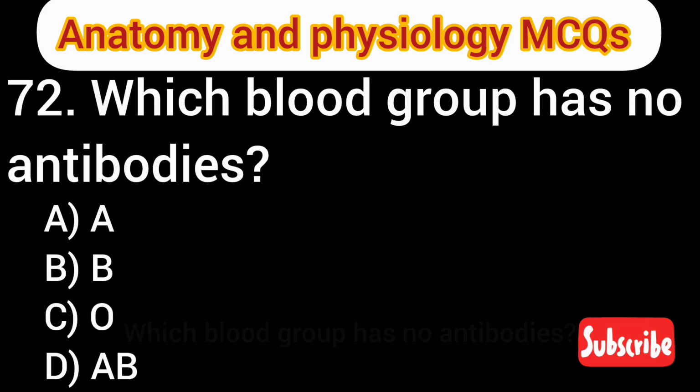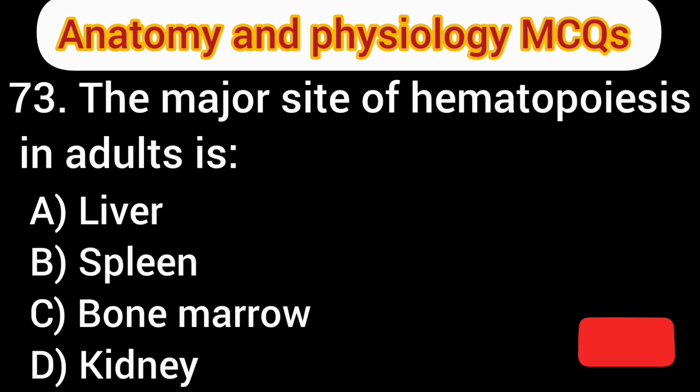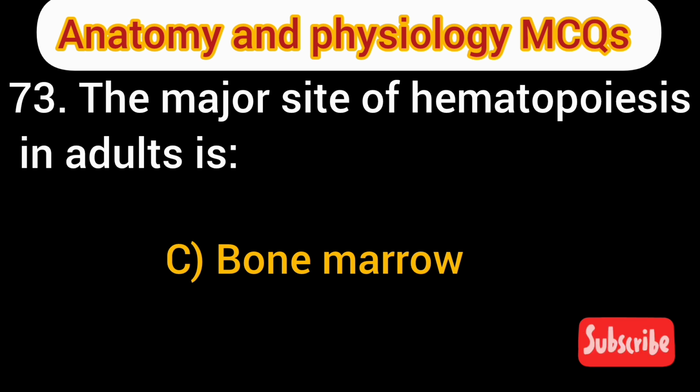Which blood group has no antibodies? AB. The major site of hematopoiesis in adults is bone marrow.